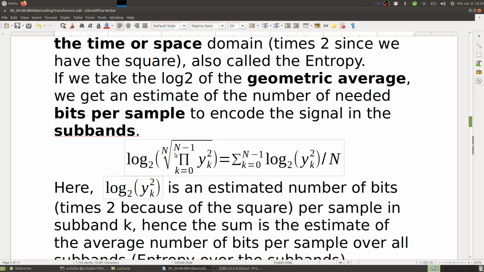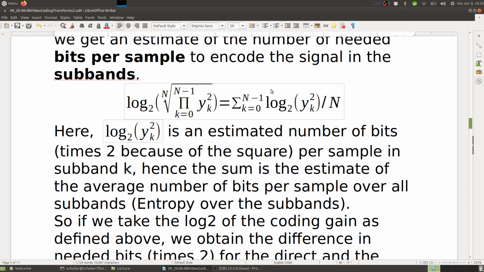So here we see log 2 of this term turns the product into a sum and turns this square root of n into a division by n. And of course, inside the sum, we still have the log of base 2 of the y_k square. Right? So this is now the result for taking the log of the denominator.